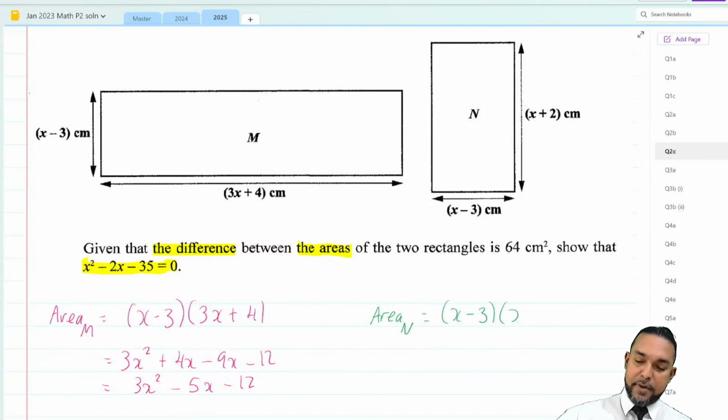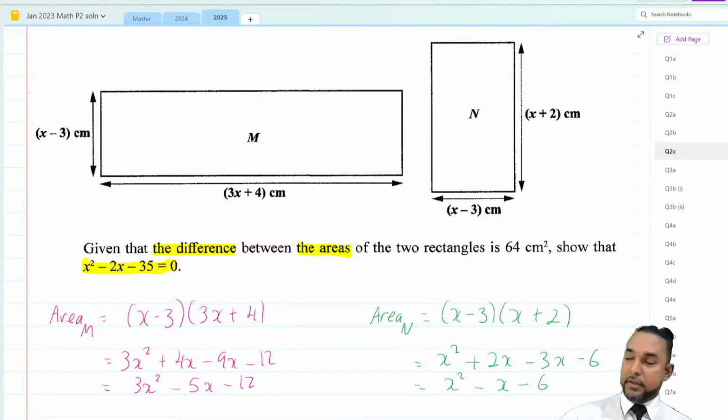All right, X minus 3 by X plus 2 is X squared plus 2X minus 3X minus 6, which is X squared minus X minus 6.